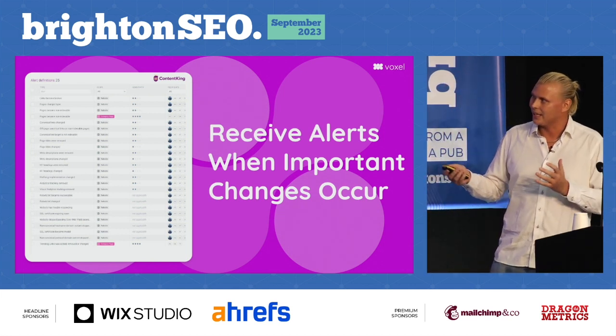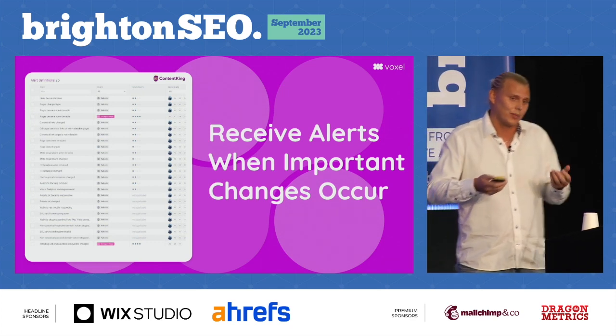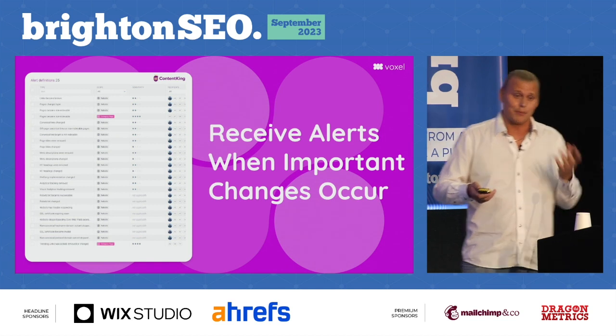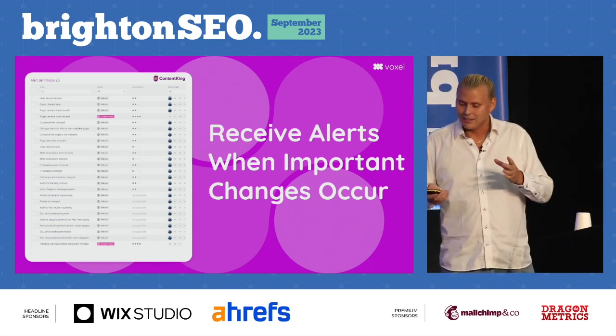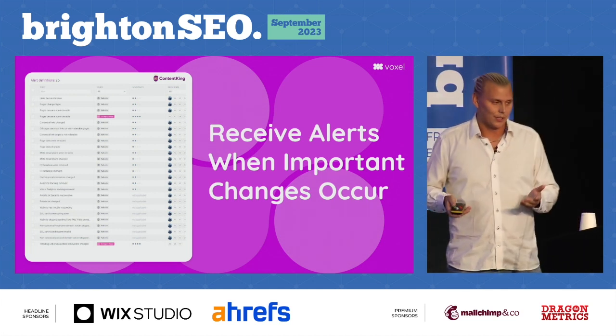So in my case, for example, when it's alerts related to our category pages, which in this case are our preferred landing pages, I get an email, which is how I like it. But in the case they are not as important or crucial, they just go straight into a Slack channel.